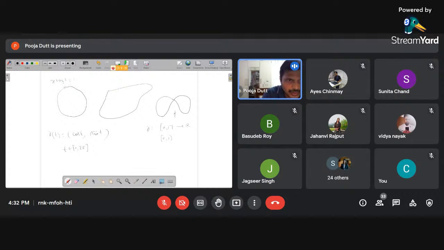So all these points on R2 which satisfy this relation x square plus y square equal to 1, then gamma t would be the parametric representation of this circle. Now, if you draw the axis, then this point will be 1, 0, and you can see gamma of 0 is equal to gamma of 2 pi, the point 1, 0.